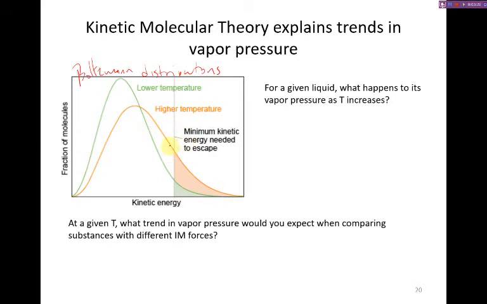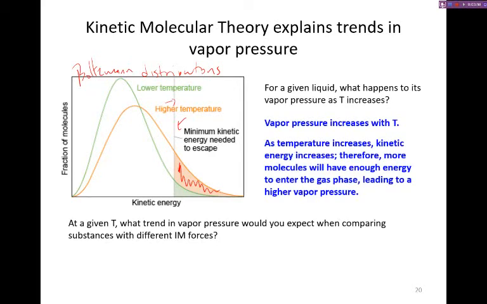And so if we say, well, how much energy is required to escape? And we just arbitrarily define this line right here. That's a really terrible vertical line, but you see it there. There's going to be a higher proportion of molecules that can escape at the higher temperature because we've shifted our peak and we've broadened it out.